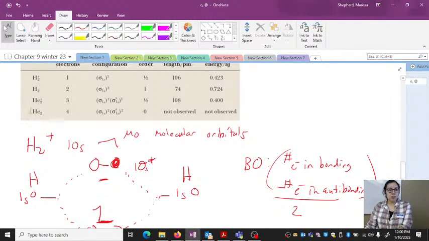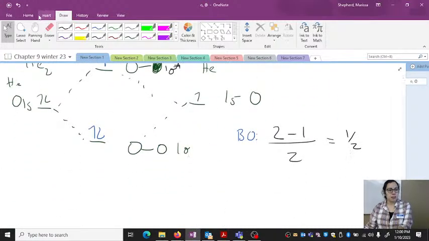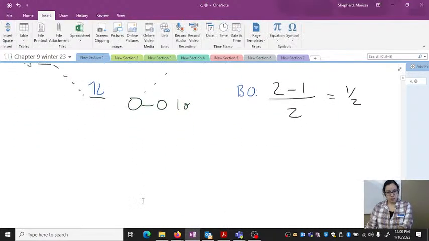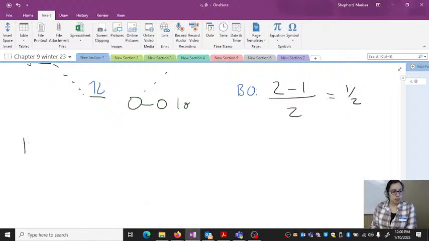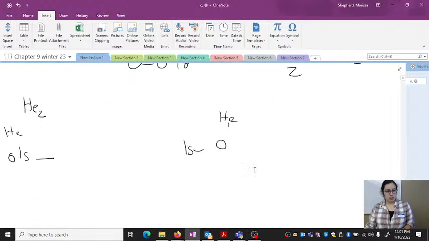And so now we can answer why helium is not a diatomic, so why the noble gases are not diatomics. And so let's look at that. So helium, so our 1s, so helium, so each bring 2 to the table.